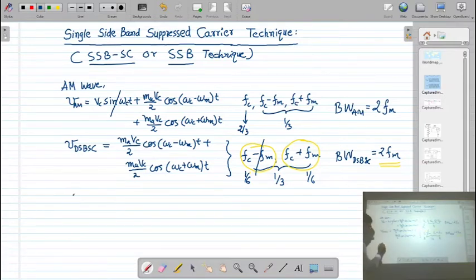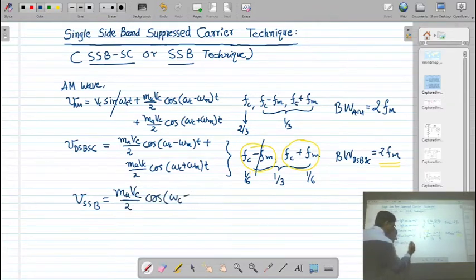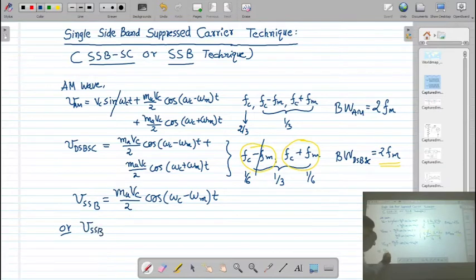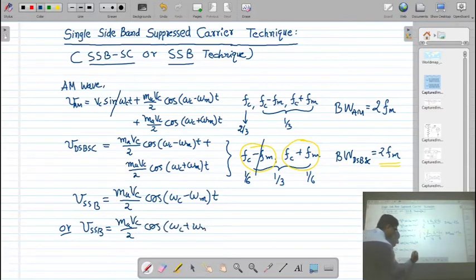So we can write the expression for the SSB as Ma Vc by 2 into cos (omega c minus omega m) t, or we can say the SSB signal is given as Ma Vc by 2 into cos (omega c plus omega m) t.